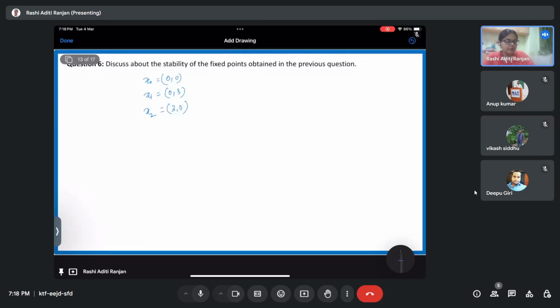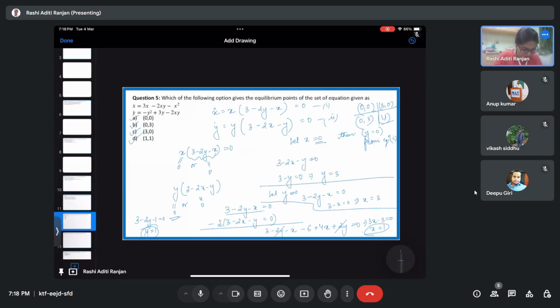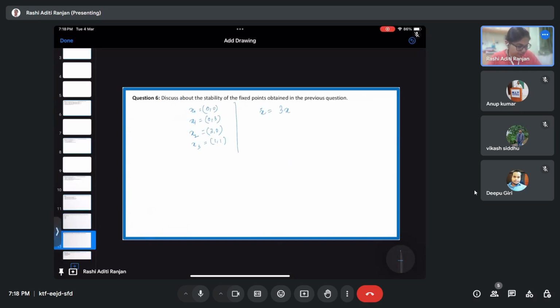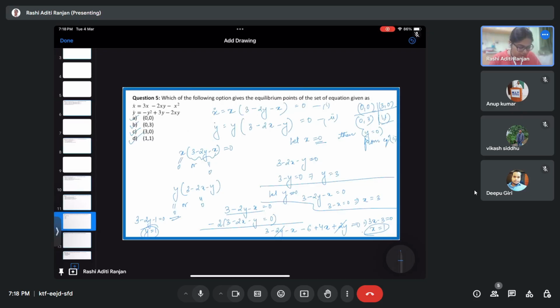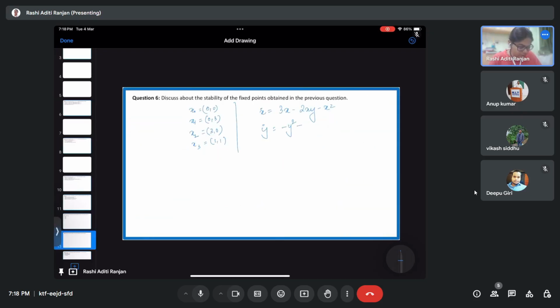I'll also write the equation again over here, which is x dot equals 3x minus 2xy minus x square, and y dot, which is equal to minus y square.